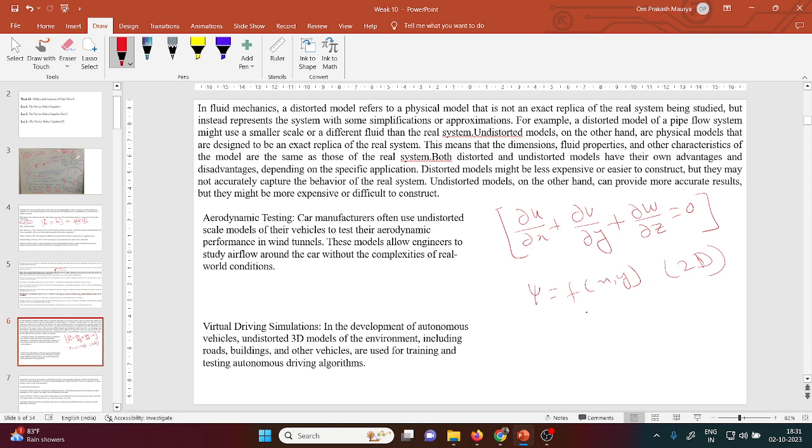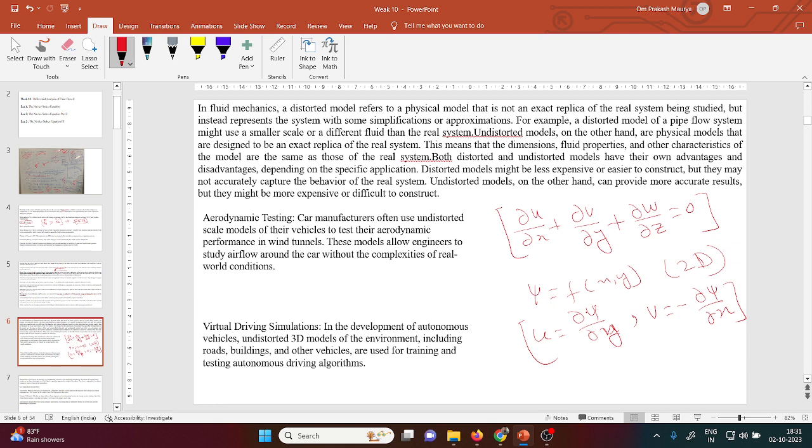If we write the equation for the stream function, u is equal to del psi by del y, and v is equal to minus del psi by del x. So we have defined these things: u in terms of the stream function, and v in terms of the stream function.